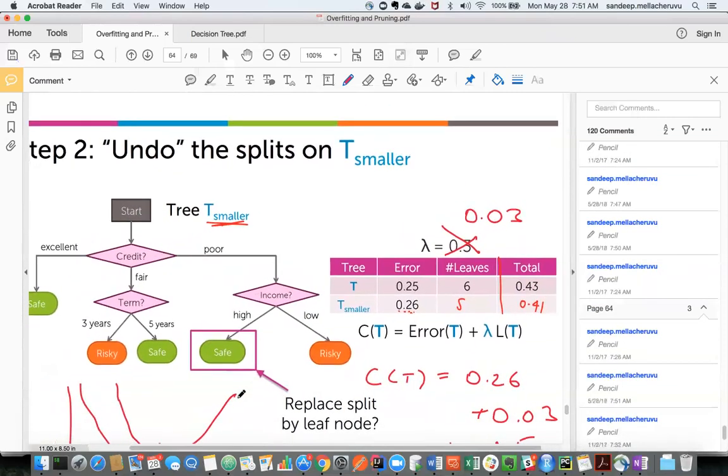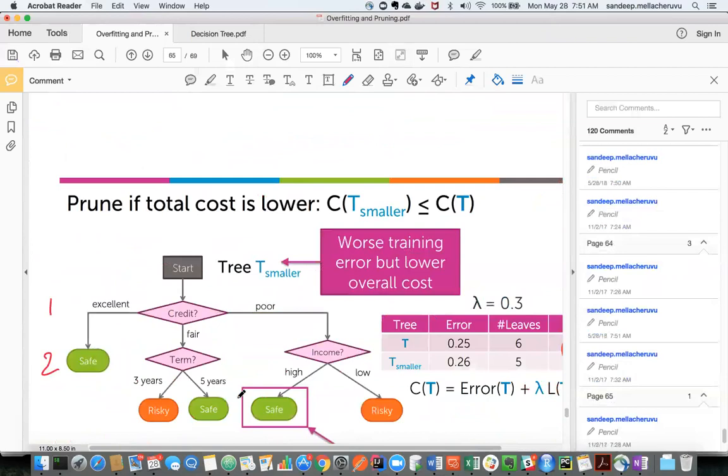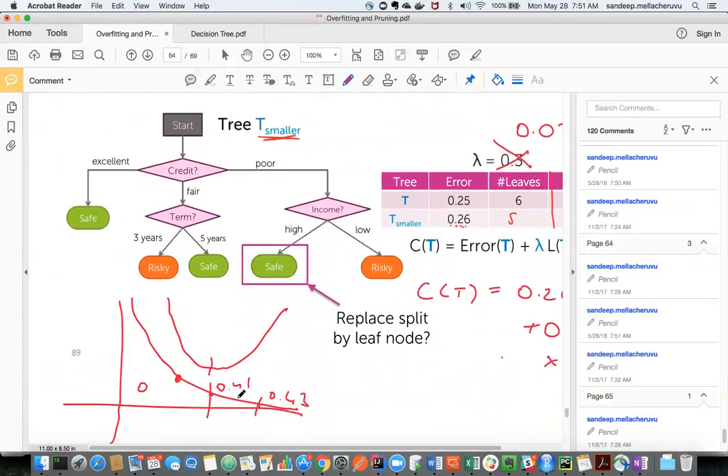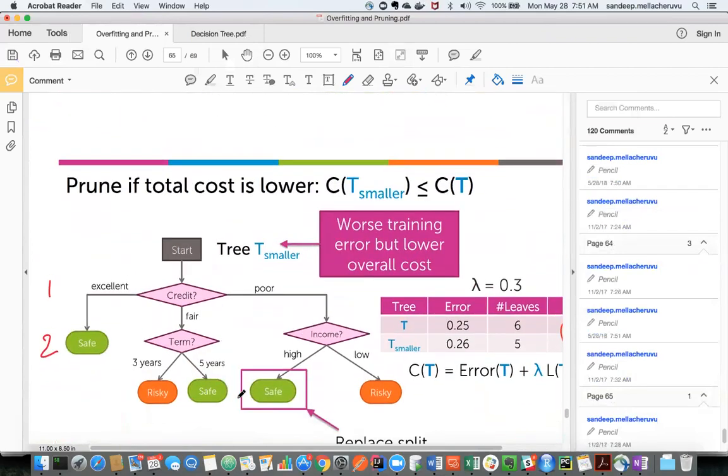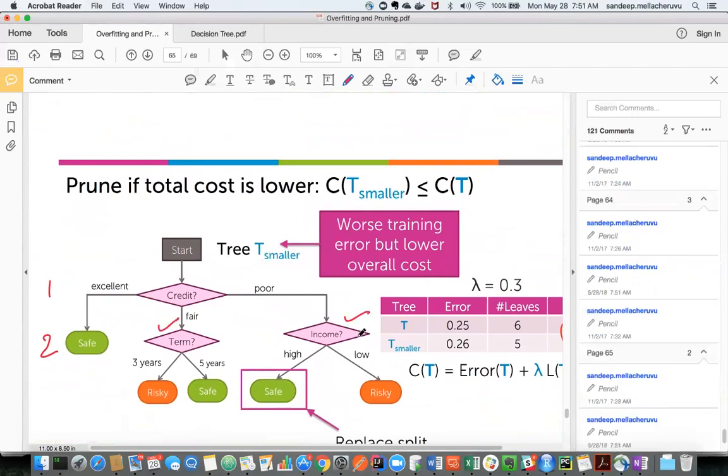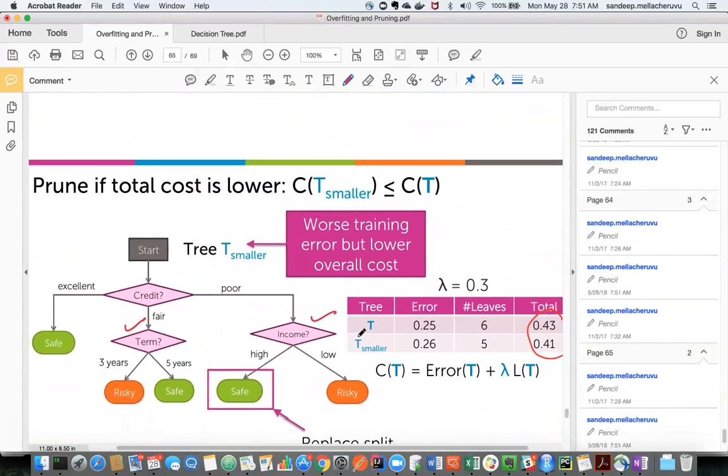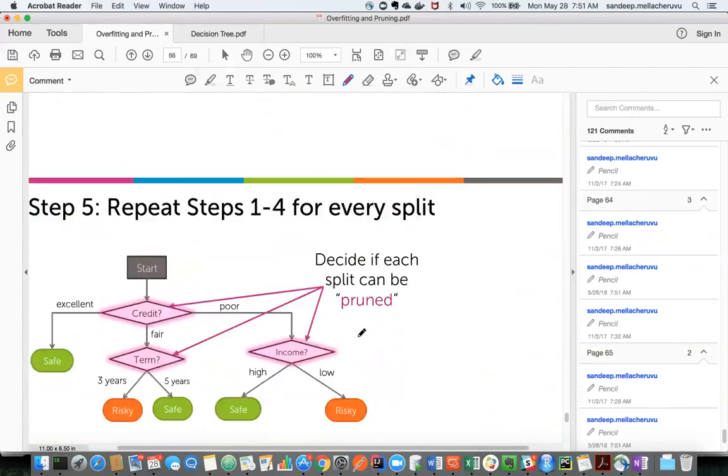Then again, you have to prune. I don't know if this is enough for pruning. Maybe I have to prune one of these, either this one or this one. Maybe if I prune again, I may get a better cost again. I don't know. So I keep on doing this.